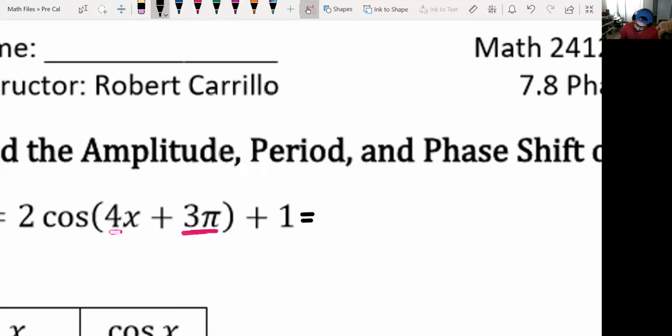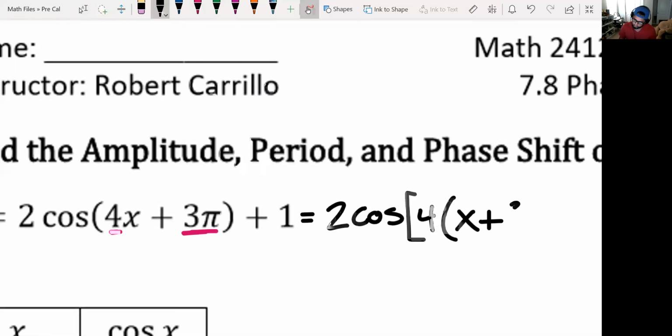Meaning we're going to get 2 cosine, bracket for neatness. I factor out the 4, and parentheses, you should get x plus 3 pi over 4.